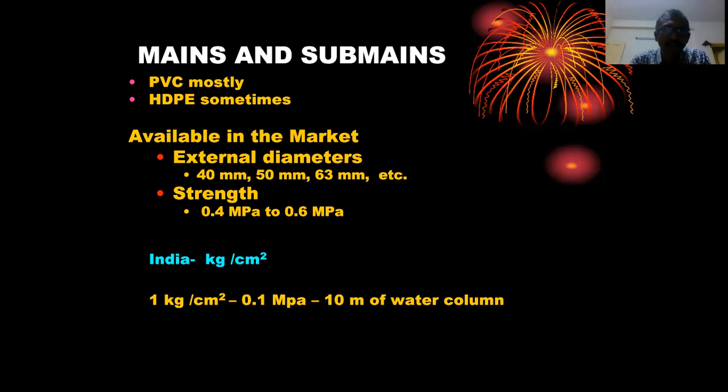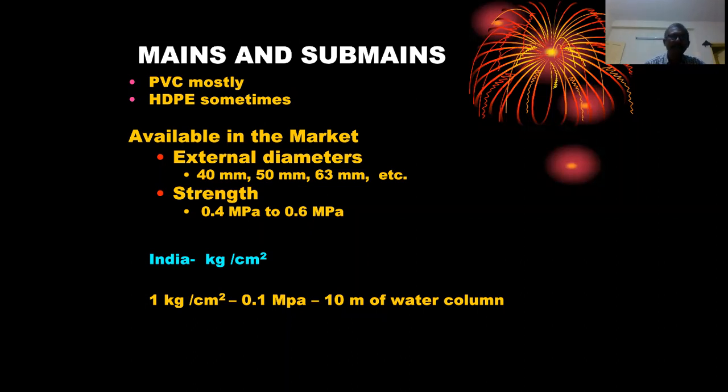We will continue the drip irrigation components with the mains and submains. For mains and submains, PVC pipes are mostly used. High density polyethylene is also sometimes used, but it is a little costly.